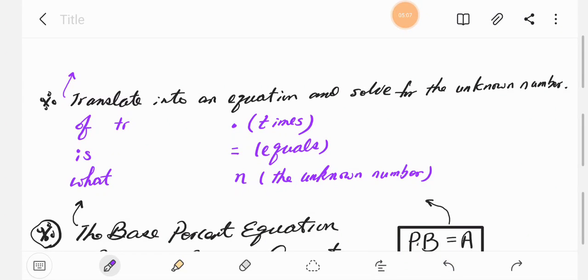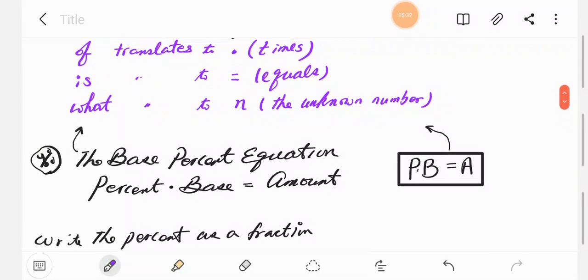Of translates to what? A dot, times. And "is" translates to what? An equal sign. And "what" translates to the unknown variable n. Make sense?